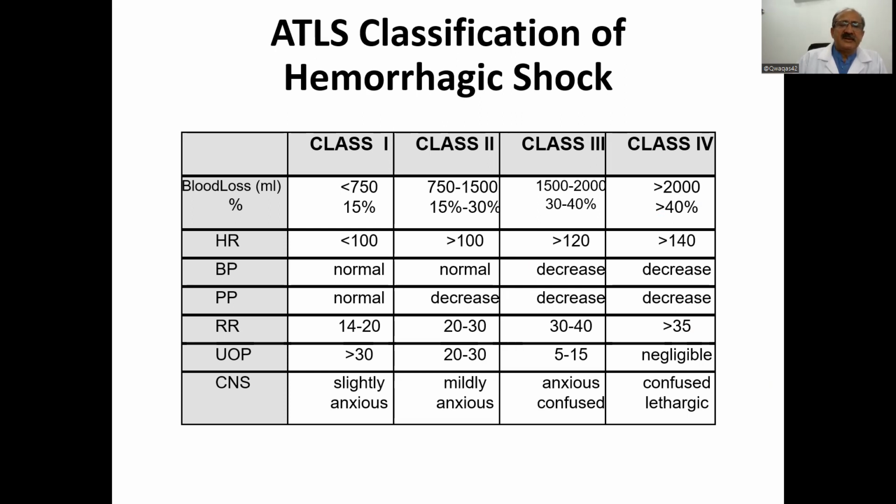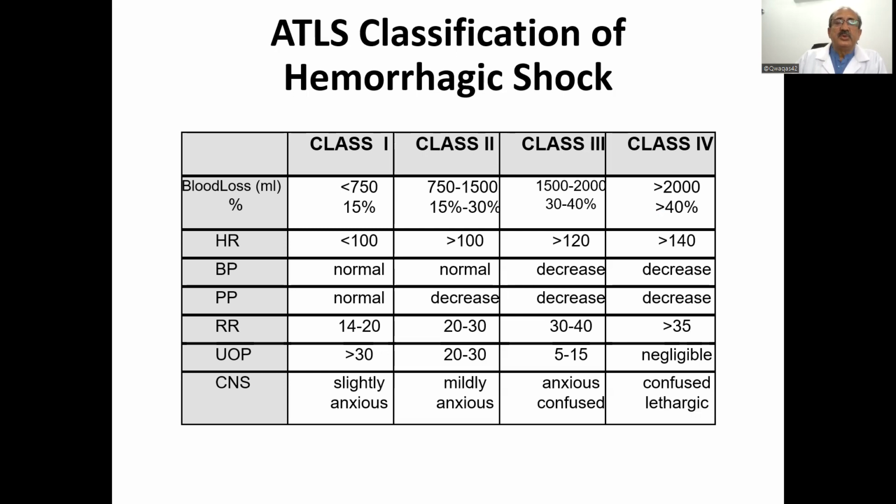Heart rate is less than 100. In class 1, there are no compensatory changes. Blood pressure is normal. Pulse pressure is also normal. Respiratory rate remains almost normal, between 14 to 20. Urine output is more than 30 ml per hour, and the CNS is slightly anxious.